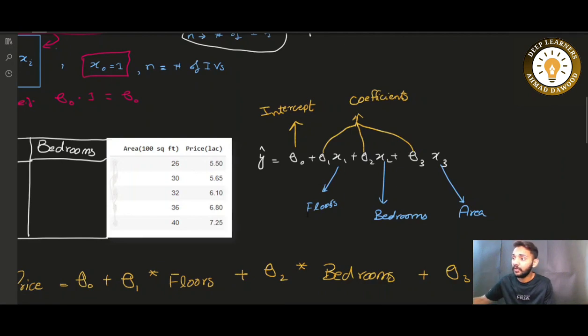As we have three independent variables, we have one intercept theta 0, then theta 1 x1, theta 2 x2, theta 3 x3, where x1 denotes floors, x2 denotes bedrooms, and x3 presents area. Here theta 1, theta 2, theta 3 are the coefficients for these three independent variables, and there is just one intercept.